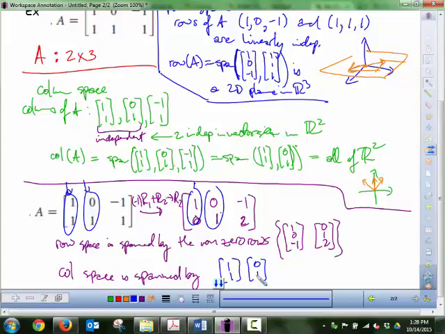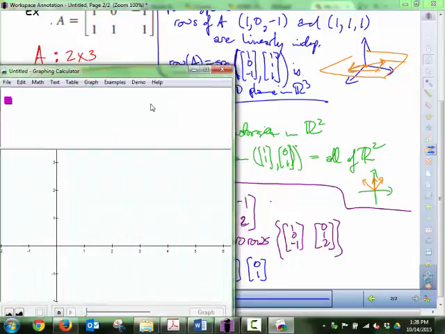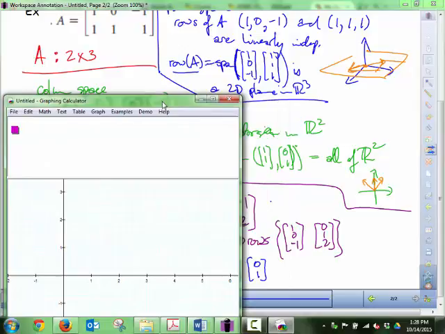But I do want to take advantage of the fact that this is in R2 and R3. Let's take a look at, to show that the row space of A up here being the original rows versus the row space over here being the reduced rows should be the same. So I'm going to take out my graphing calculator and graph a couple of vectors.